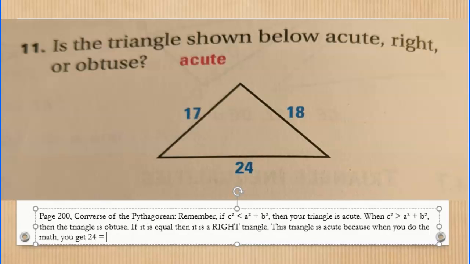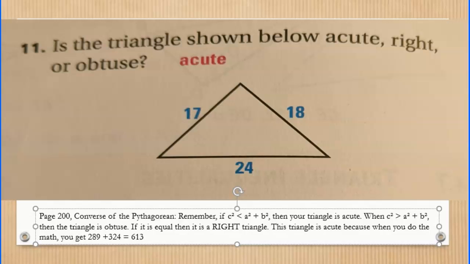We have 17 squared being 289, so I'm going to write that as we go, 289 plus 18 squared, which is 324, that comes out to 613.